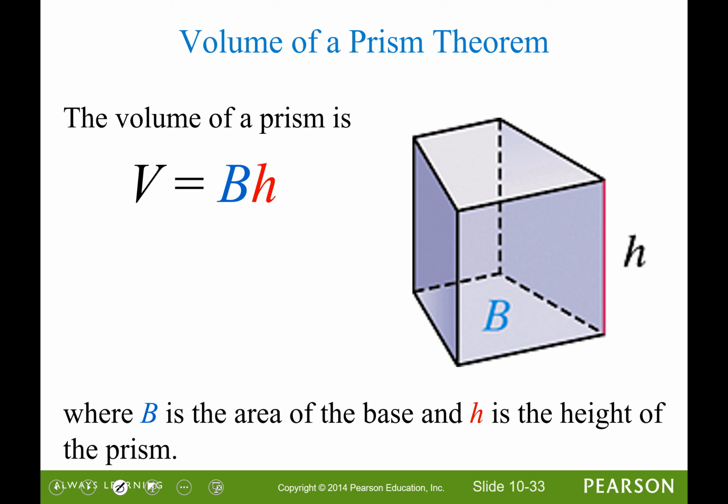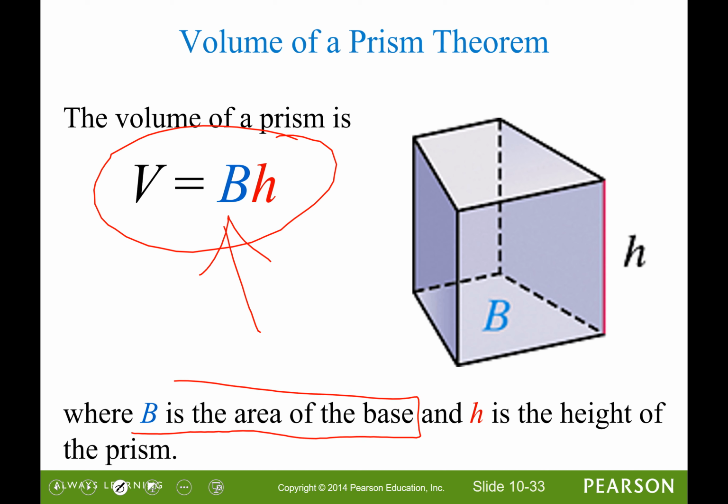Okay, the volume of a prism is calculated by finding capital B, which just like last section is the area of the base, and multiplying that by lowercase h, which is the height of the prism. Sometimes I think about it visually: I find the area of this base first, that's two-dimensional, one cross-section, and then it starts to fill up.